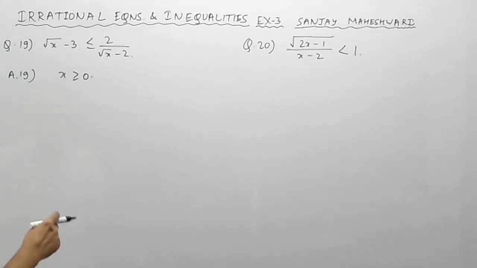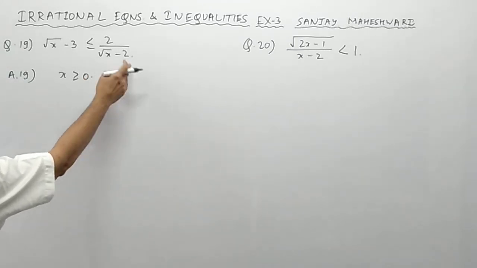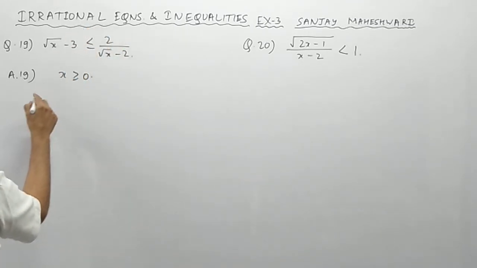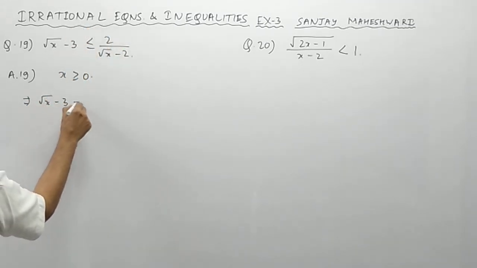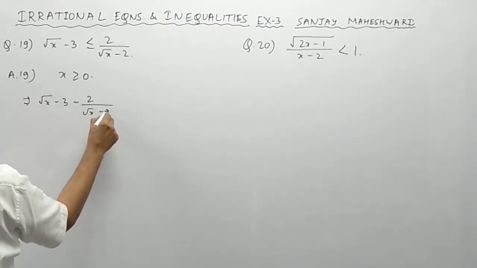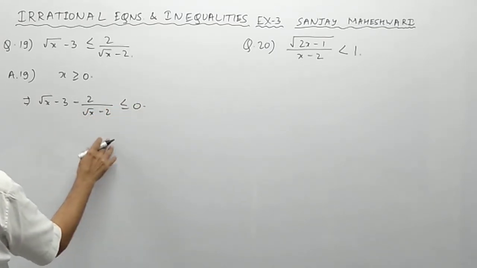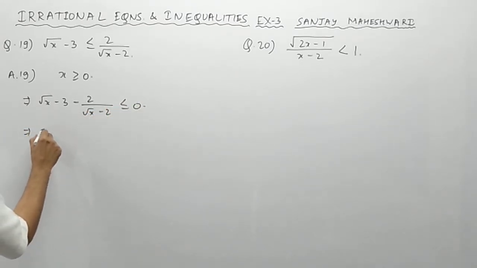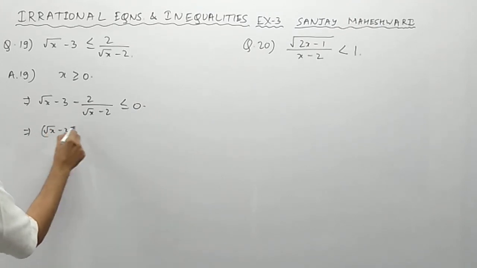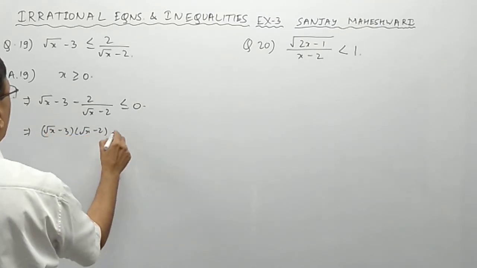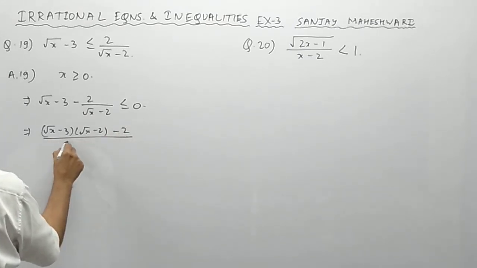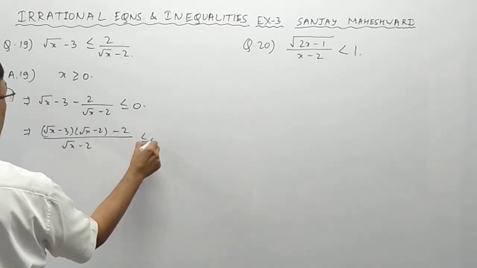But before that, let us take the right hand expression to the left hand side. Therefore now, root x minus 3 minus 2 root x minus 2 is less than or equal to 0. Taking LCM, we get root x minus 3, root x minus 2 divided by root x minus 2 less than or equal to 0.